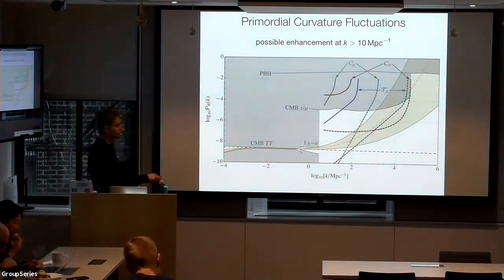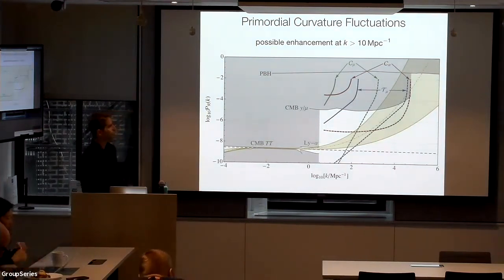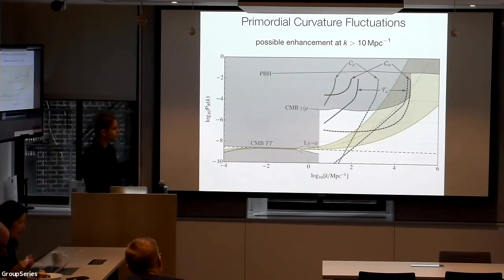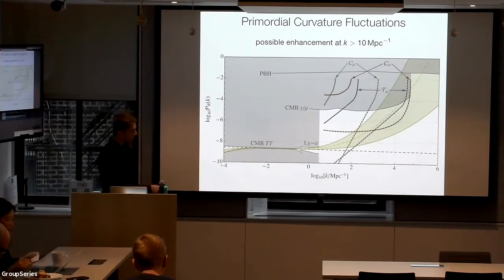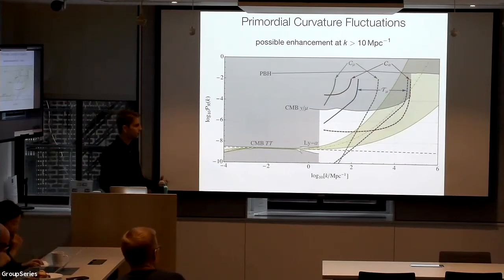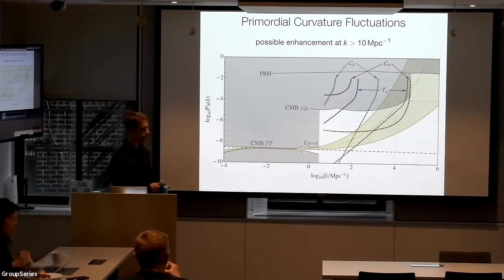So from the largest scale in our universe down to about a megaparsec or so, we measured the power spectrum of initial curvature fluctuations quite well, and it's consistent with being nearly scale invariant with a slight tilt, and also on smaller scales around comoving wave numbers of an inverse megaparsec, we've measured the power spectrum also reasonably well.